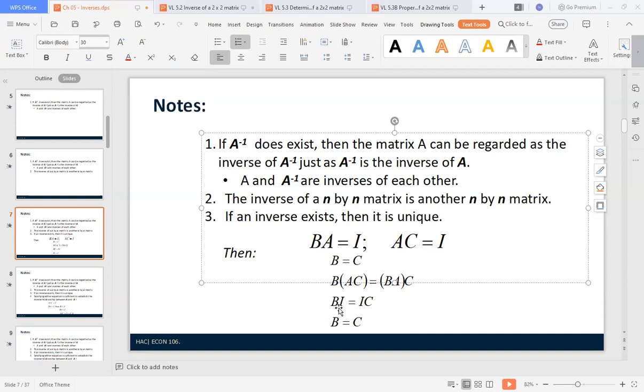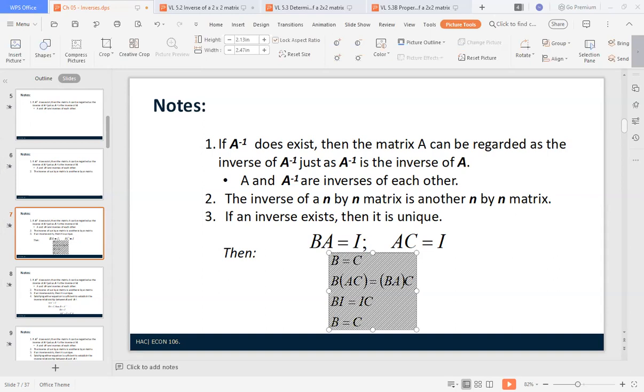Therefore, BI is equal to IC, and because multiplying by the identity matrix gives you the original matrix, it would mean that B is equal to C, which again will not be, because these two matrices are not the same. Therefore, class, matrix A cannot have two different inverses. Or if an inverse exists, it should be unique.